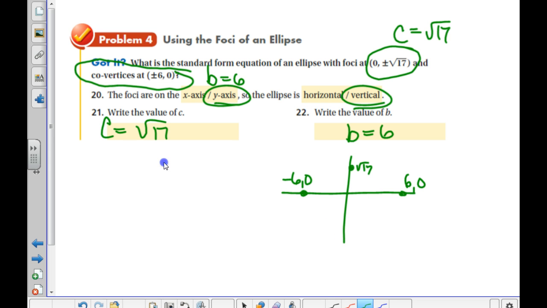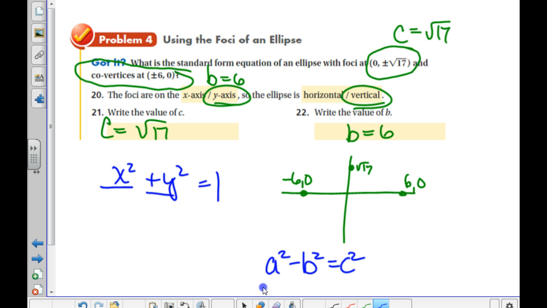So this is our general form. Can we fill in anything? Yep, you can. Do you want to do that next? Doesn't matter what order we do it in. What do we know?